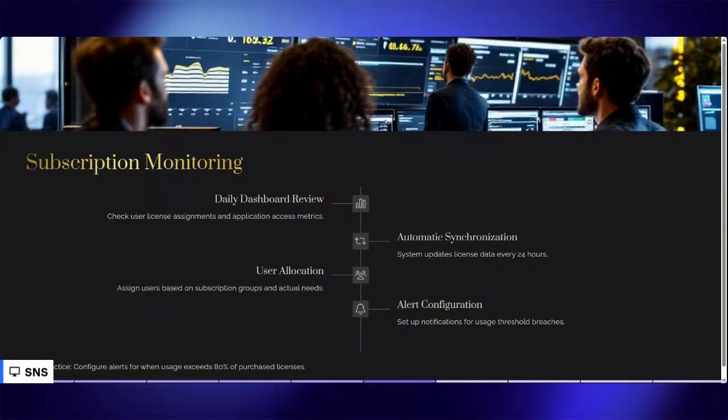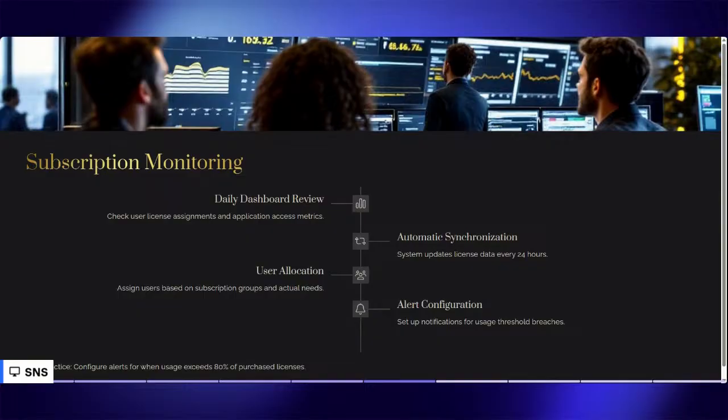Okay, you may also configure an alert mechanism, which I will be covering in the next session, how we can send an alert to the administrator or to your leadership whenever there is overage of the license utilization. Okay, that's something we can do.